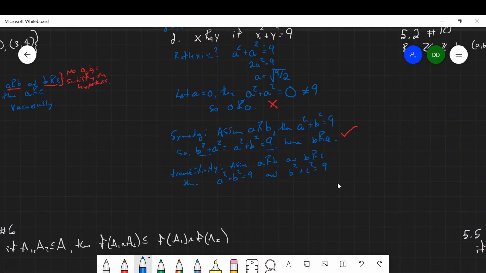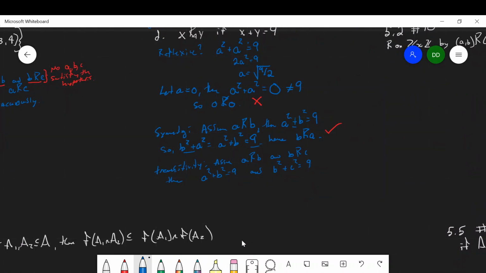So one common thing you can do for transitivity, because you'll end up with two of these types of equations by assumption, and usually once you get down to an equation like this, maybe you can subtract them, because I'd like to get something about a squared plus c squared. Right, so I could try subtracting these.